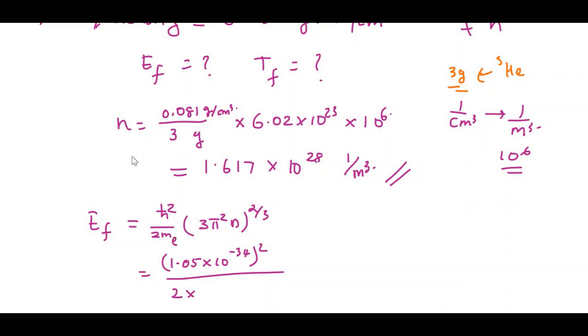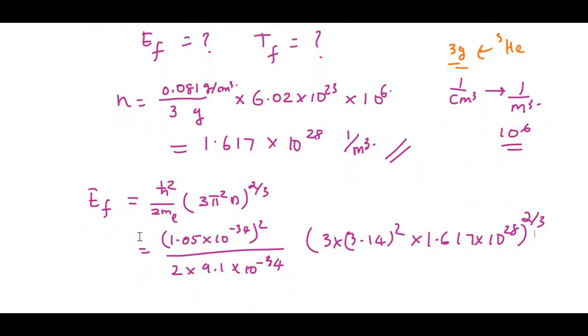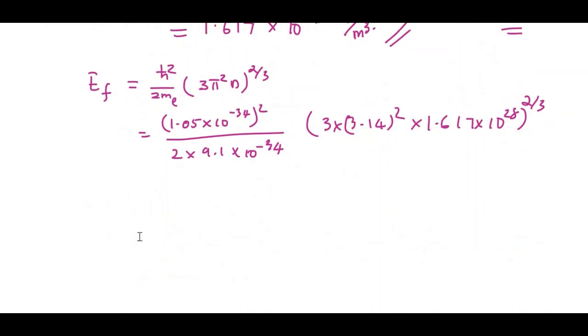M is mass of electron, 9.1 into 10 power minus 34. Then 3 into pi is 3.14, this square into small n value 1.617 into 10 power 28, this raised to 2 by 3. Use your calculator and find the value.